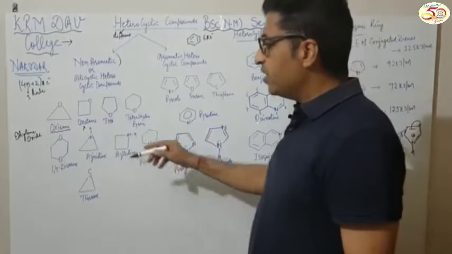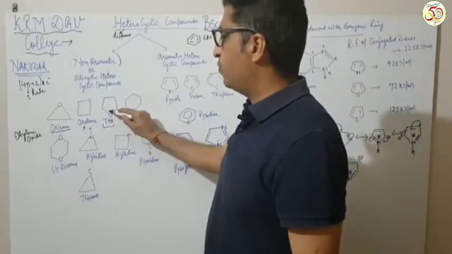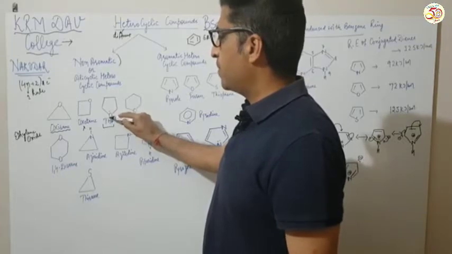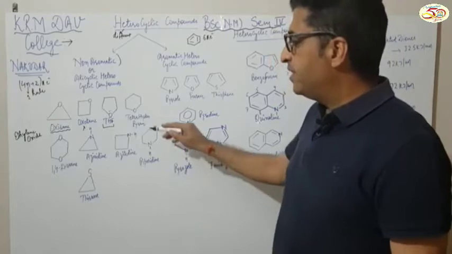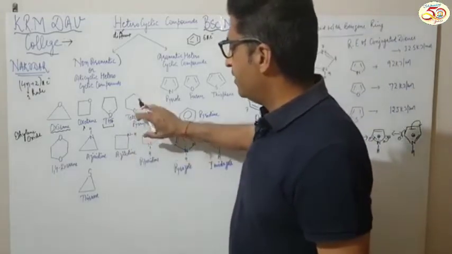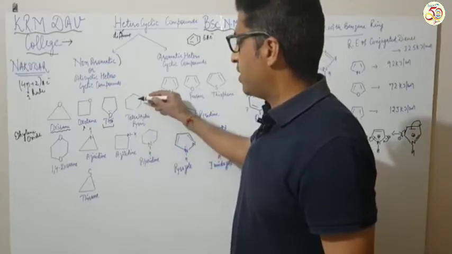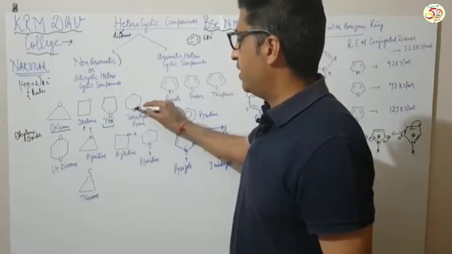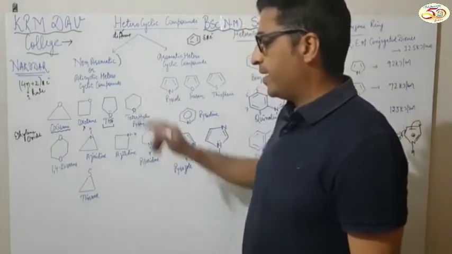Then we have tetrahydrofuran, where one oxygen is there, and next one is tetrahydropyran. This also has oxygen, but it is a 6-membered ring.